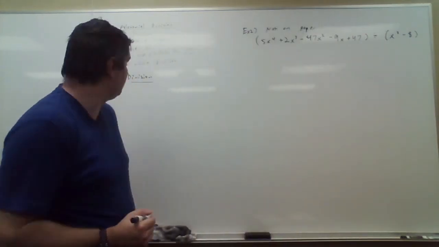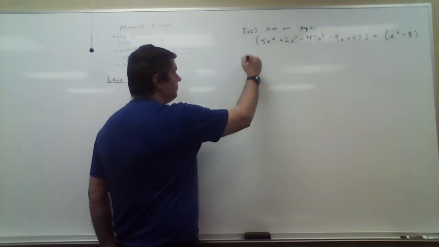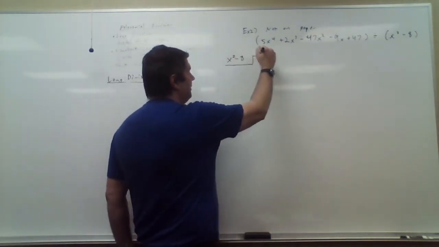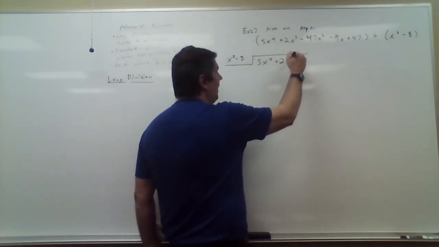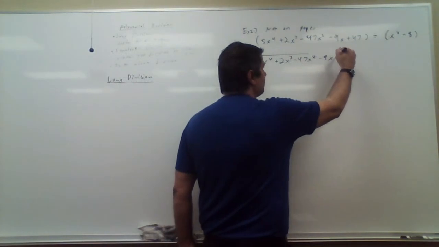All right, again, we're still on long division. So we'll have x squared minus 8, and then 5x to the fourth plus 2x cubed minus 47x squared minus 9x plus 47.